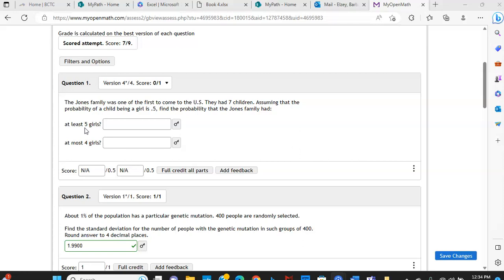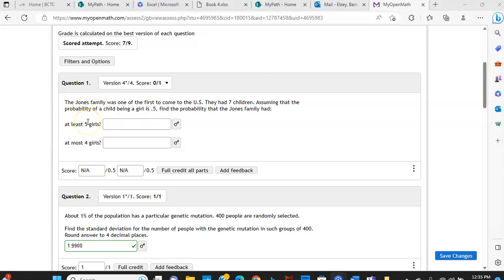Now, when we put something into Excel, if we put 5 in, for example, it would give us the probability of less than 5 girls, or really less than or equal to 5 girls. So we want the probability of 5, 6, or 7 of the children being girls.